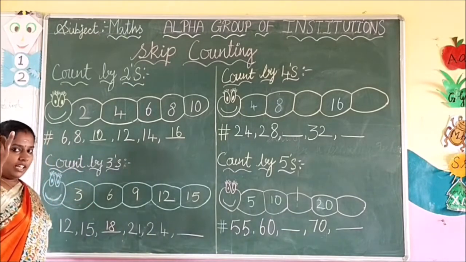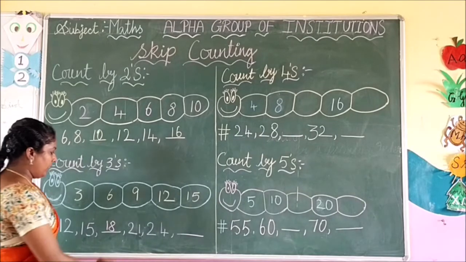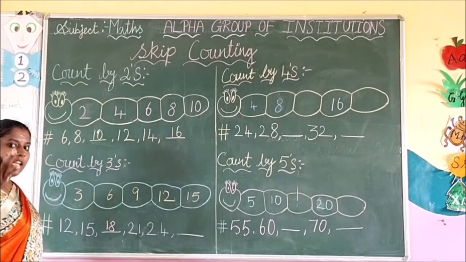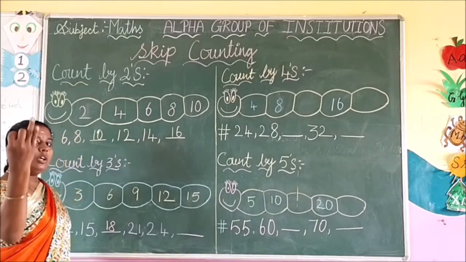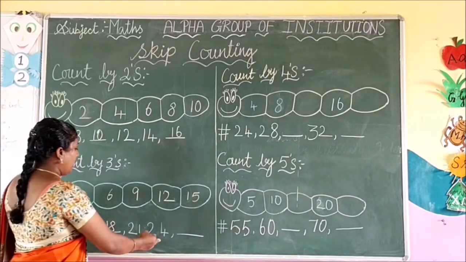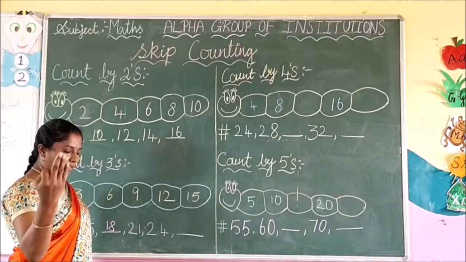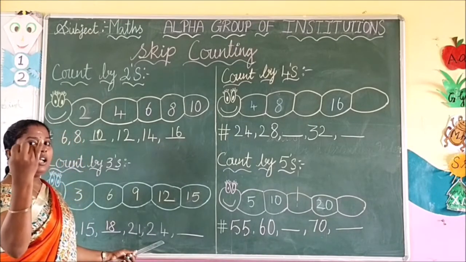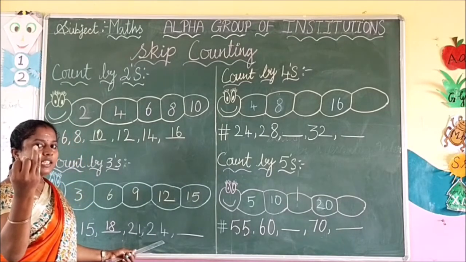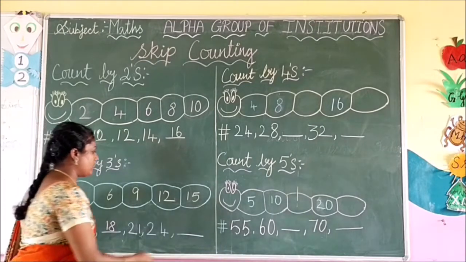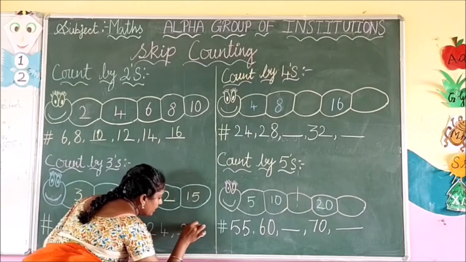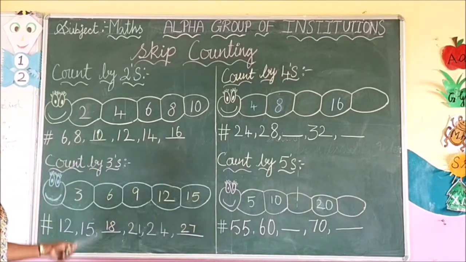After 18, 19, 20, 21. Then after 21, 22, 23, 24. Then after 24, 25, 26, 27. So here 27. This is skip count by 3.